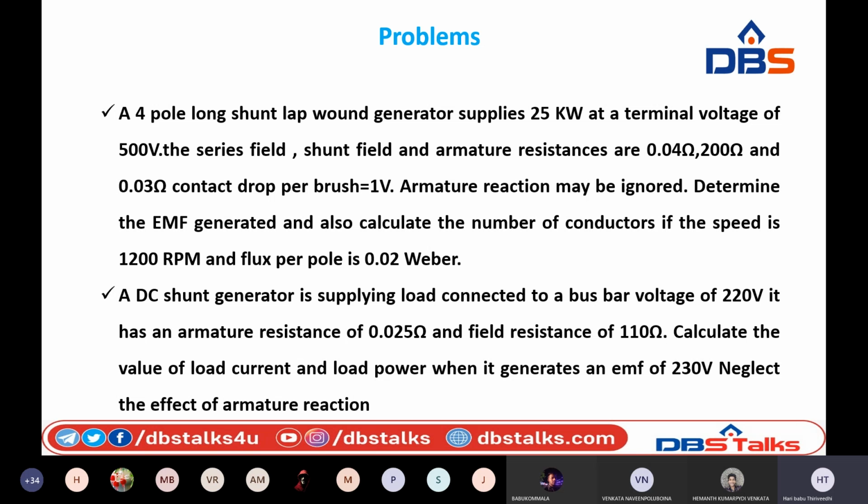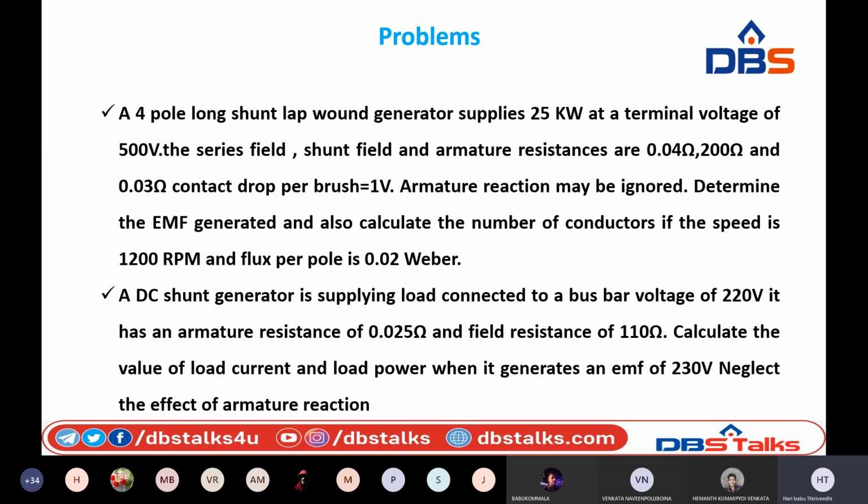So the first problem is very, very important. Many times they are asking not this exact problem, the values are changing. Sometimes they are asking: a 4-pole lap generator supplies 10 kilowatt at a terminal voltage of 200 volts, and series field, shunt field, armature resistances are 1 ohm, 100 ohms and 0.1 ohm, right?